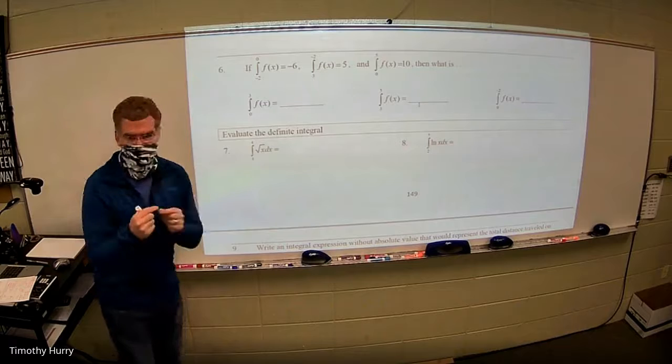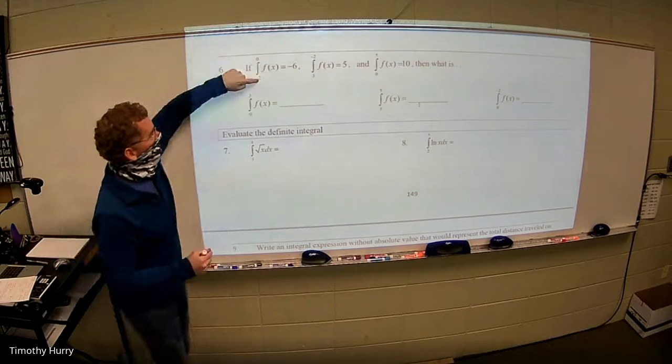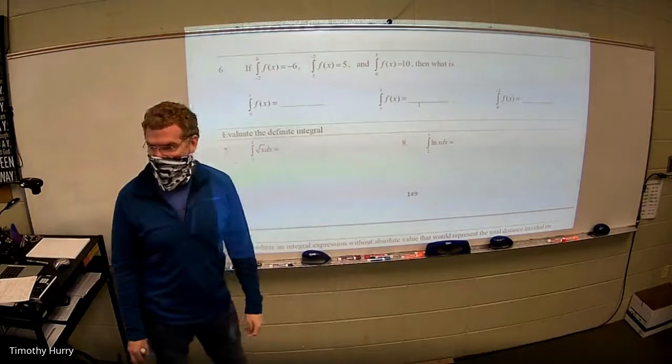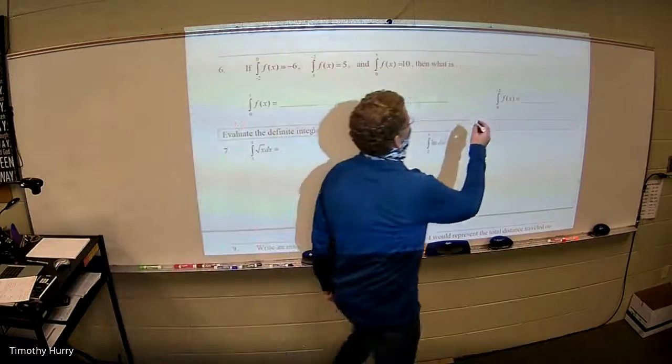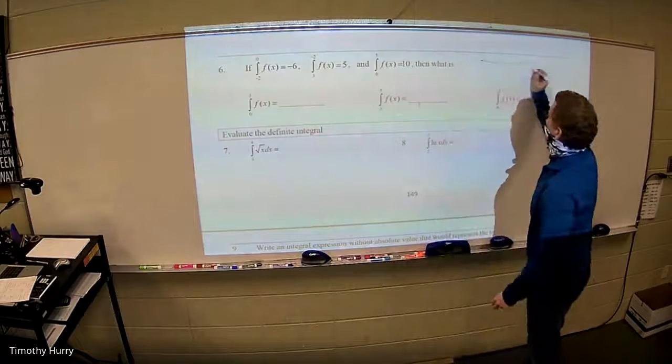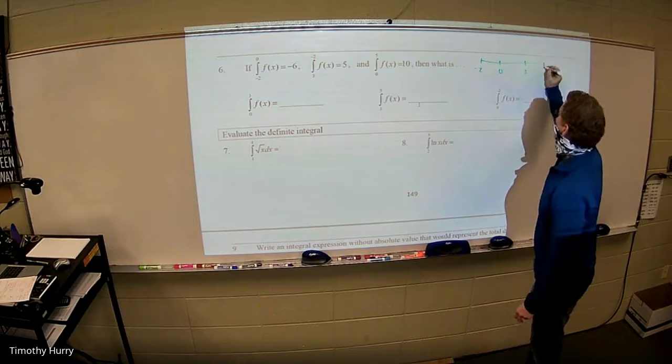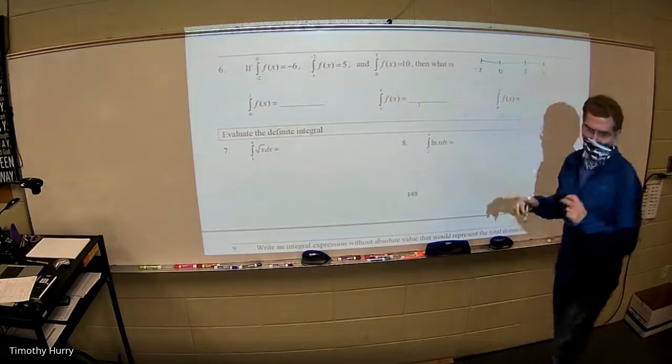Clearly, the points at which things are being measured are -2, 0, 3, and 5, right? So why don't we just think, all right, I got -2, 0, 3, and 5. Those are the critical points.